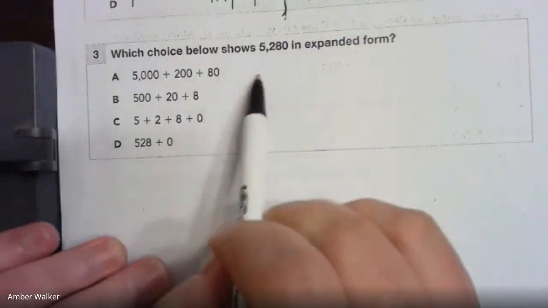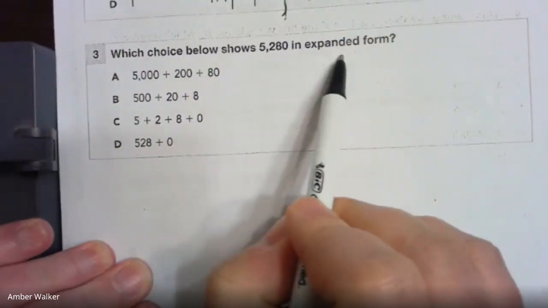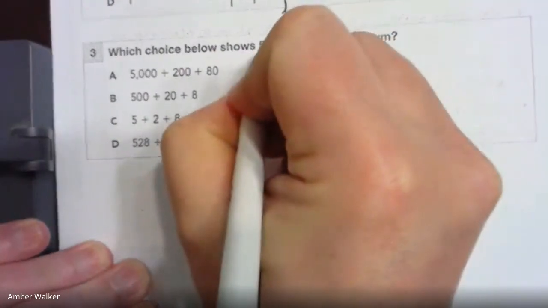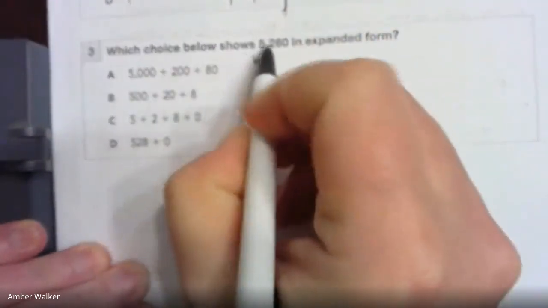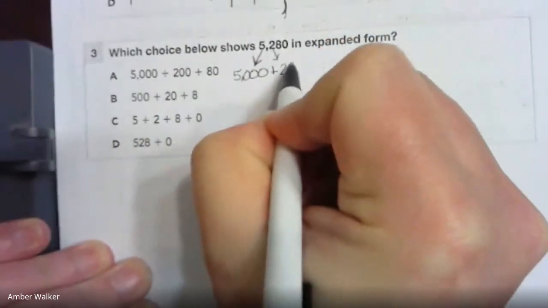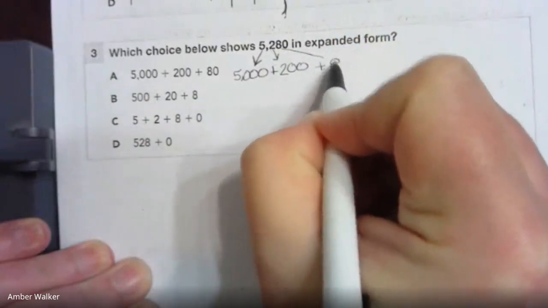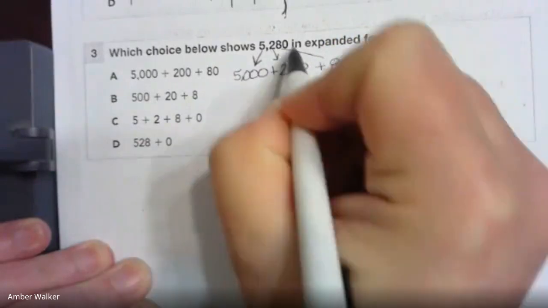Which choice below shows 5,280 in expanded form? We're going to go ahead and just work this out. That 5 is in the thousands place, so it is worth 5,000. That 2 is in the hundreds place. It is worth 200. The 8 is in the tens place. It is worth 80.